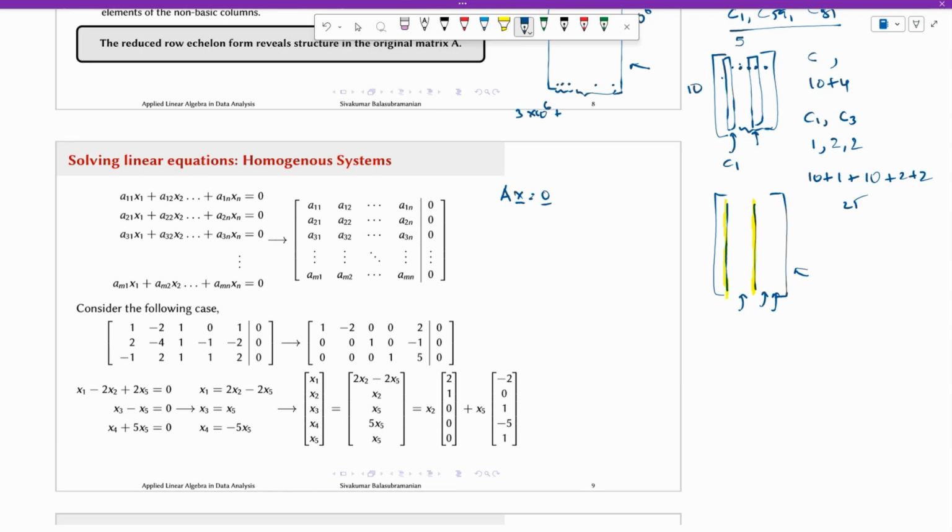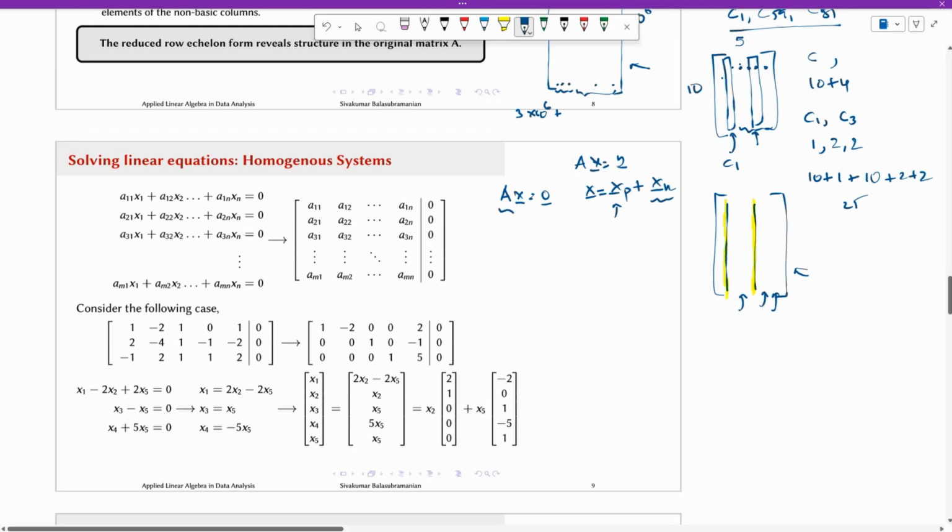We try and solve the homogeneous solution, because we know that any solution to Ax equals b, x contains 2 components. So if I can find all the possible homogeneous solutions, then I can add that to any particular solution. Then I will be able to generate all the infinitely many solutions.